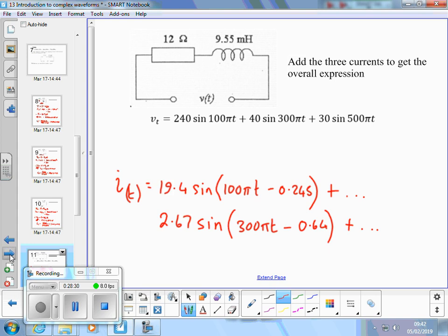amplitude of the fifth harmonic, sine 500 pi t minus 0.92, with the units on the end.